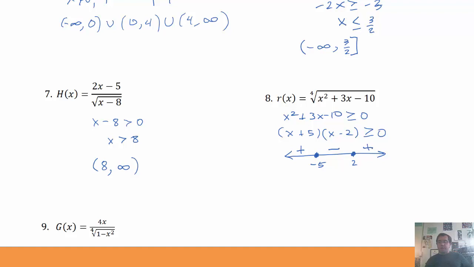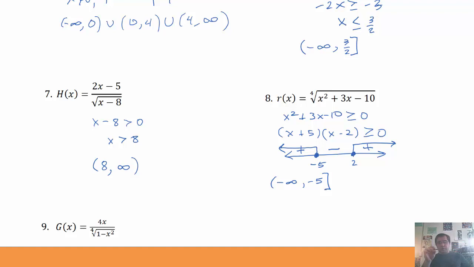Now I want this to be greater than or equal to 0. That means I want it to be positive. So I will take anything in these positive sections of my number line, to the left of negative 5 and to the right of 2. So now I'm going to express that in interval notation. I will take anything to the left of negative 5. That means from negative infinity up to negative 5, including negative 5, because it's greater than or equal to 0.